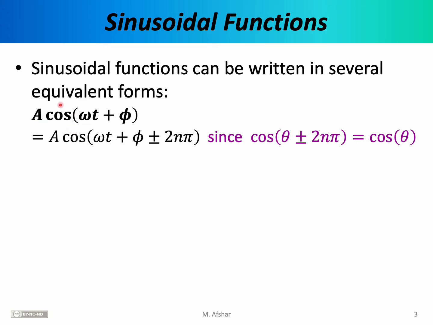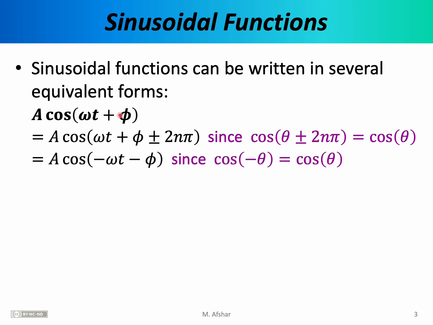So if you take a cosine function and shift it to the left or to the right by 2 pi radians or 4 pi radians, for example, then you'll essentially get exactly the same graph and therefore an equivalent function. You can also write the same function like so, by multiplying the argument, the thing inside parentheses, by a minus sign.